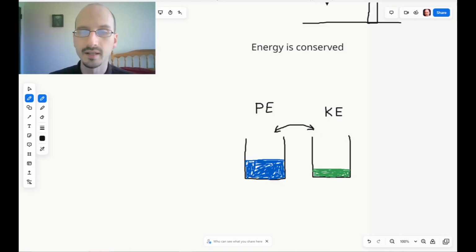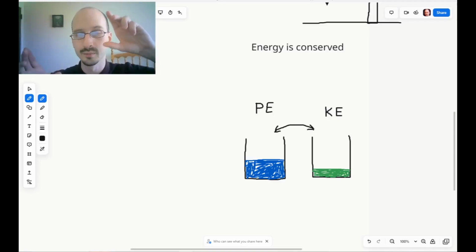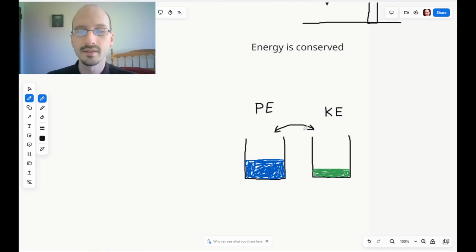So these two buckets can interchange energy between each other. And this process of converting potential energy to kinetic energy and vice versa is called work. Specifically, conservative work. Conservative meaning the force field conserves energy.